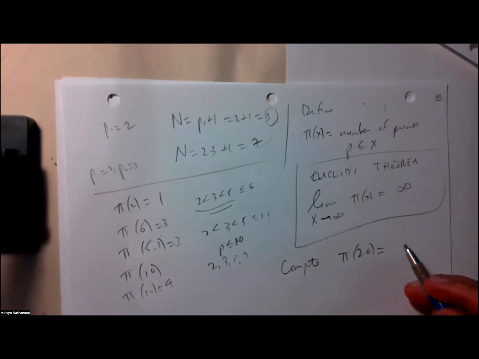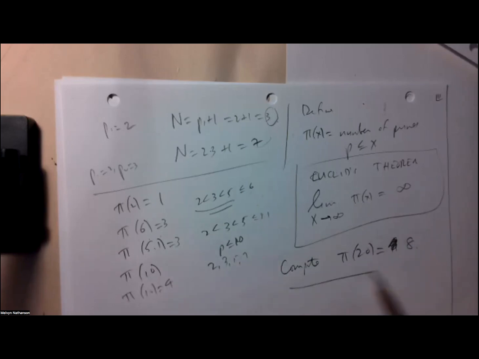Let's see. The primes less than or equal to 20: 2, 3, 5, 7, 11, 13, 17, 19. Anything else? So pi of 20 is equal to 8.